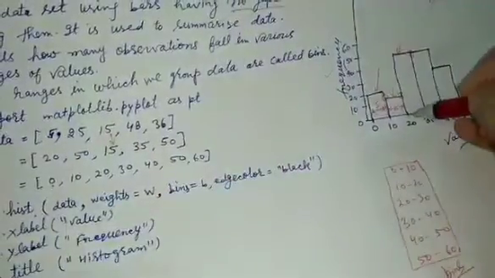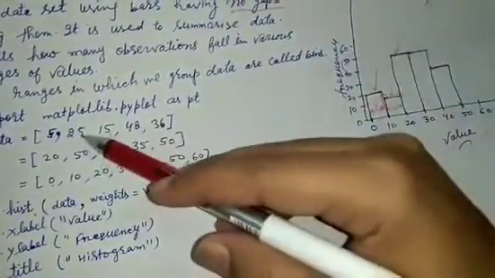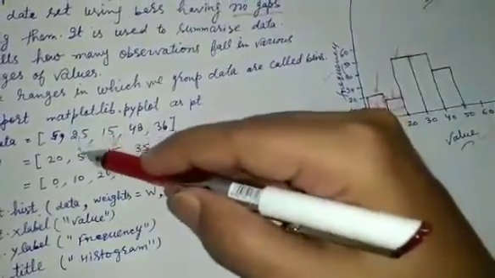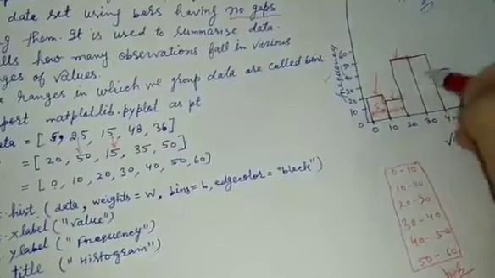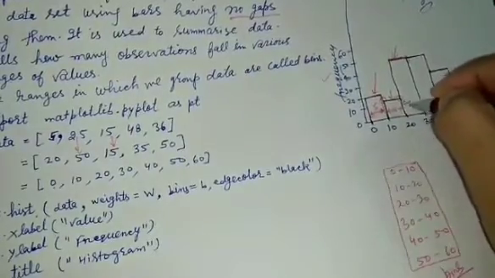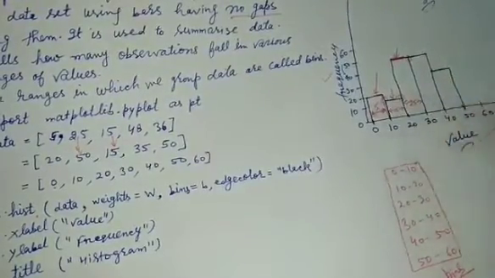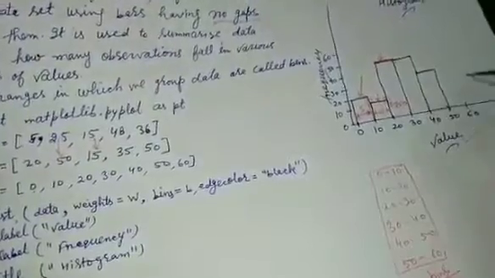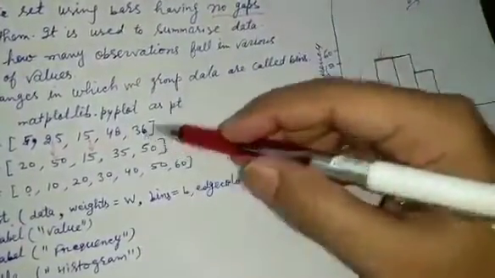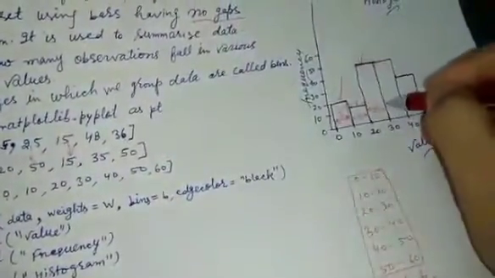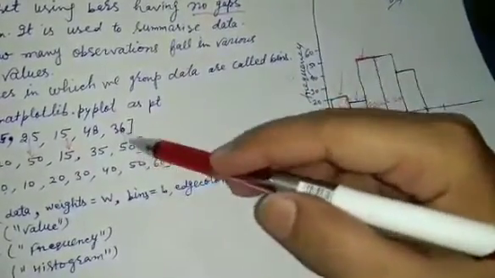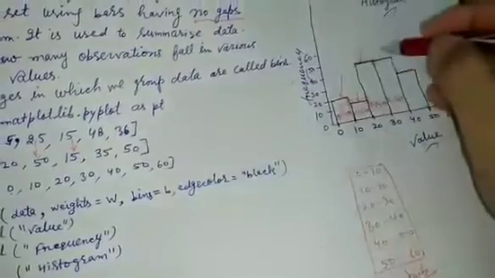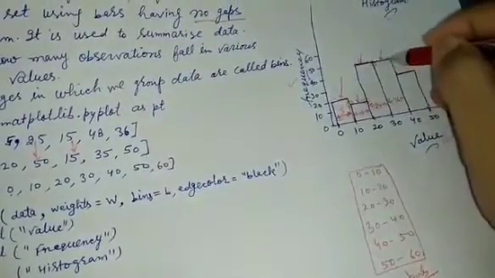Next, in 20 to 30 we have 25, and for 25 the width is 50. So you can see the width is 50 in the case of value 25. The next is 36. 36 will come in here, and for 36 you have width as 50. This is the width.